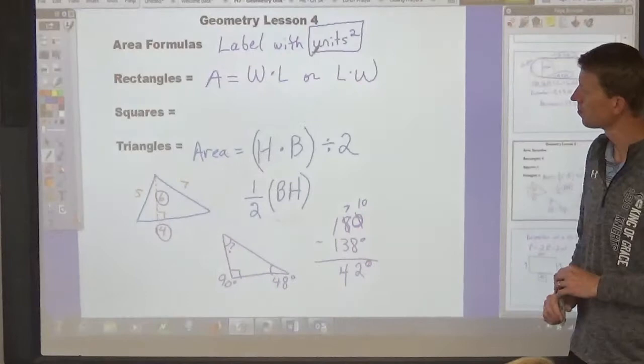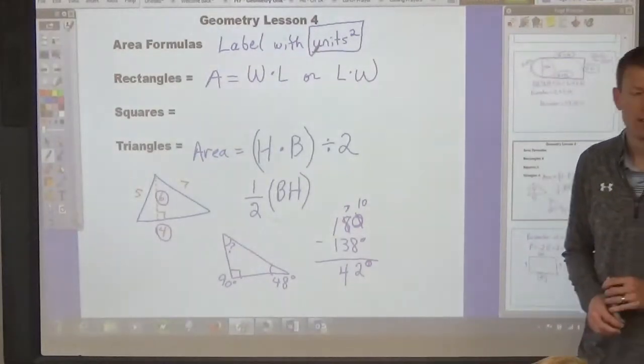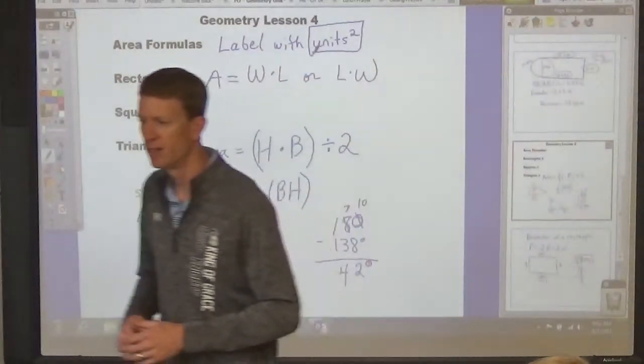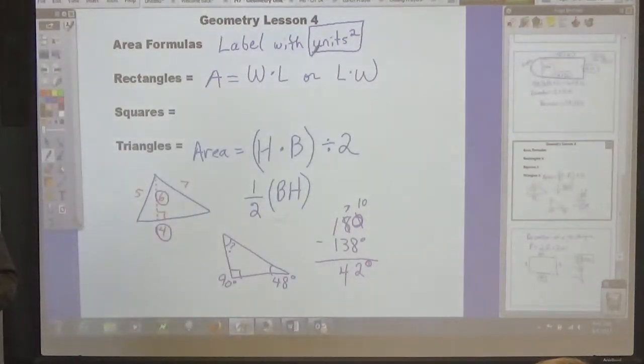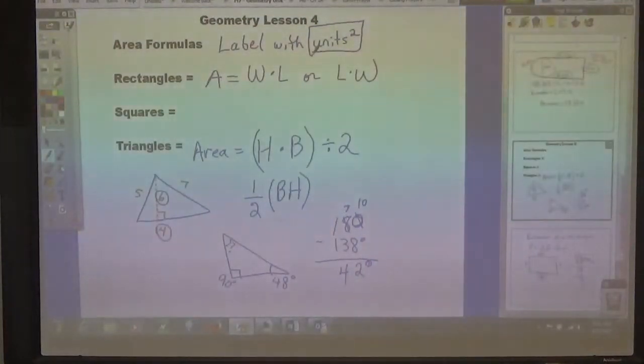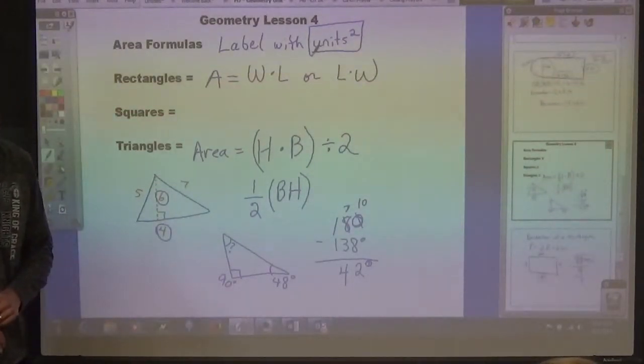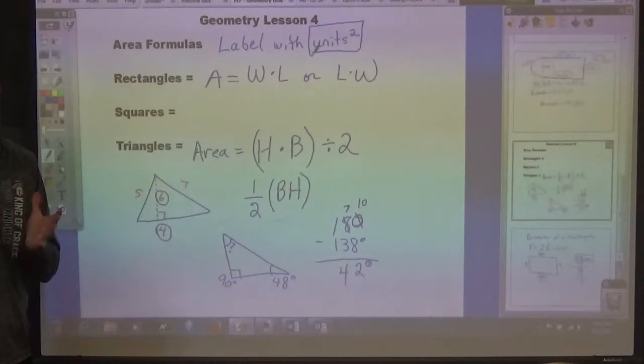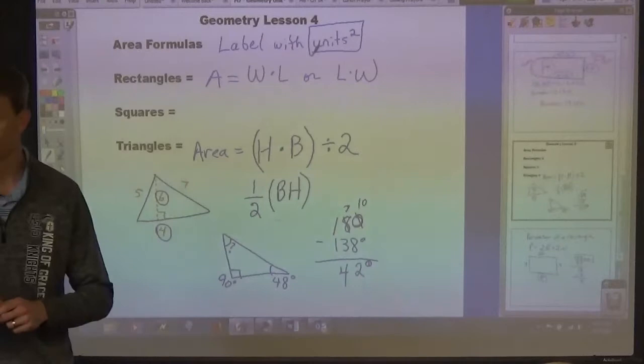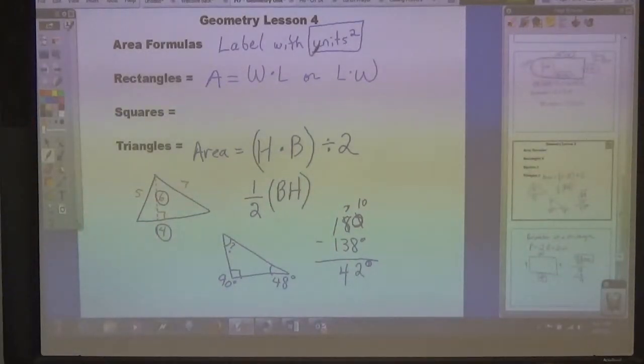Okay? How about the area of a square? Area of a square, Michael. Look at where we're at. What would you do to find the area of a square? Yeah. And there, since it's a square, they're going to be the same. So if you know the length of one side, then do you know the length of all the sides?